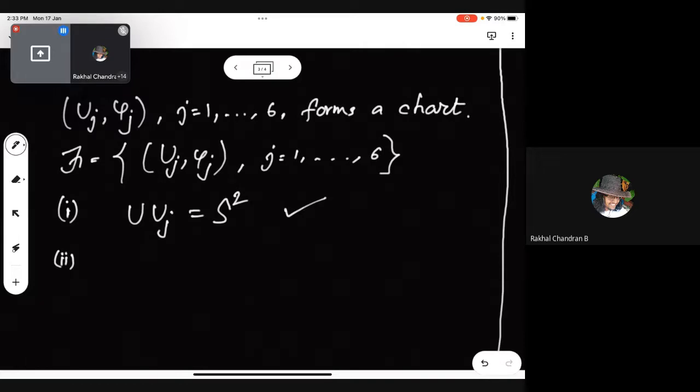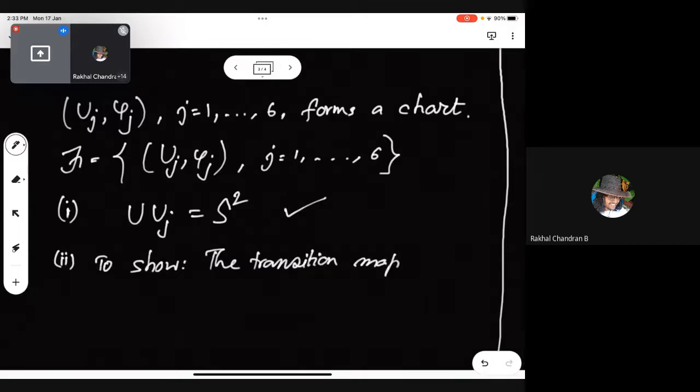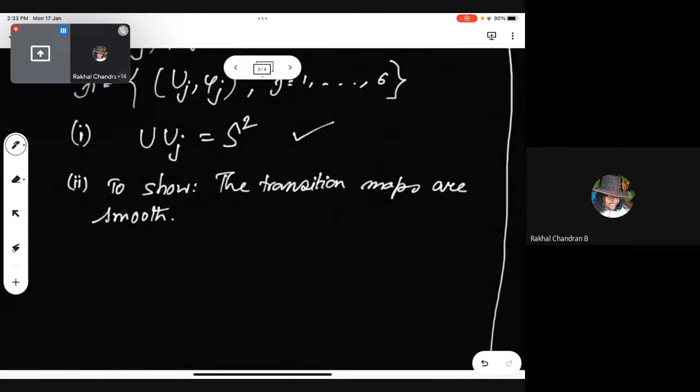All right. So what are the transition functions? So the second thing to show is that the transition maps are smooth. All right. So how do you show this?